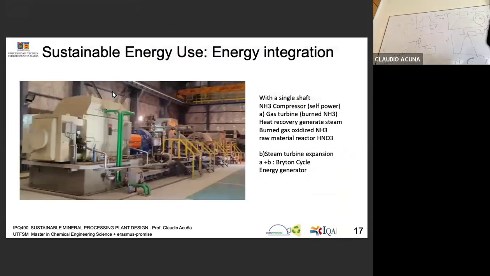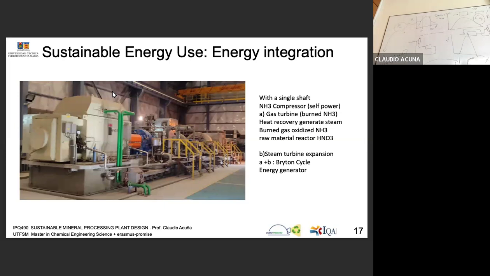What is the heart of the thing? It's kind of crazy. You have the ammonia. You need to compress the ammonia in order to put it in a reactor. You need to burn part of it, and you have a compressor to compress the ammonia. You burn it to produce some NO3 gas.